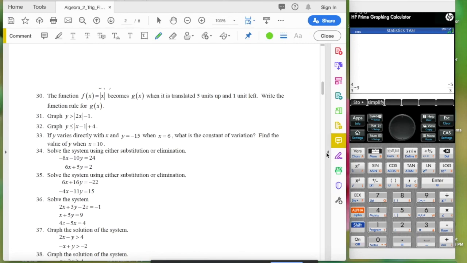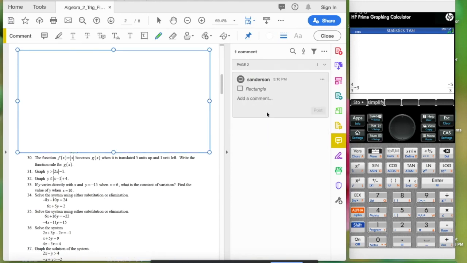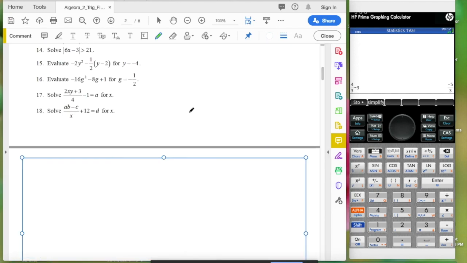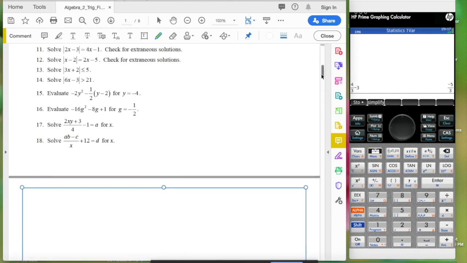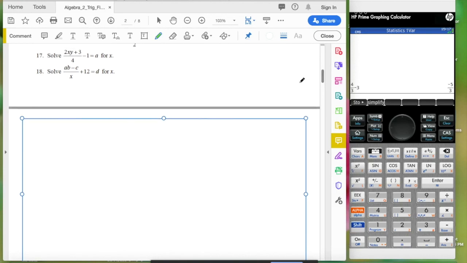Alrighty, and then 17 and 18. Okay, so it says solve for x.